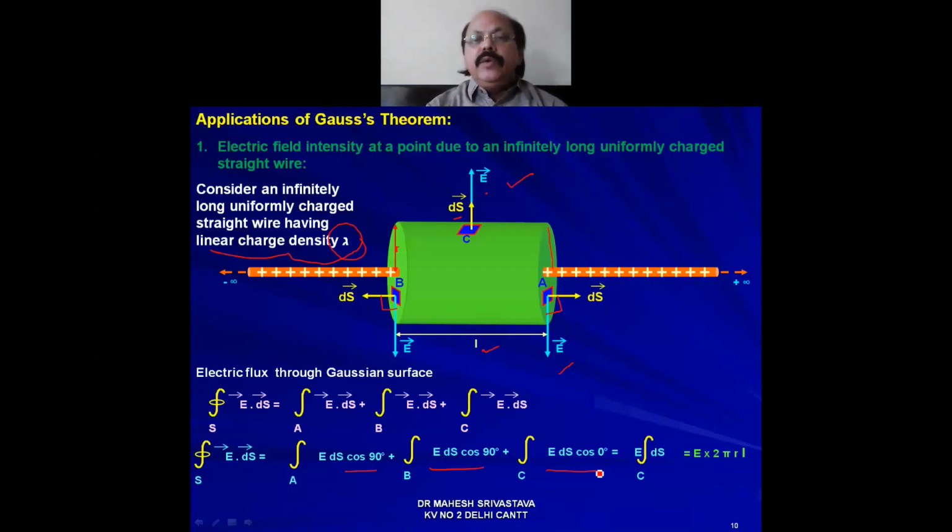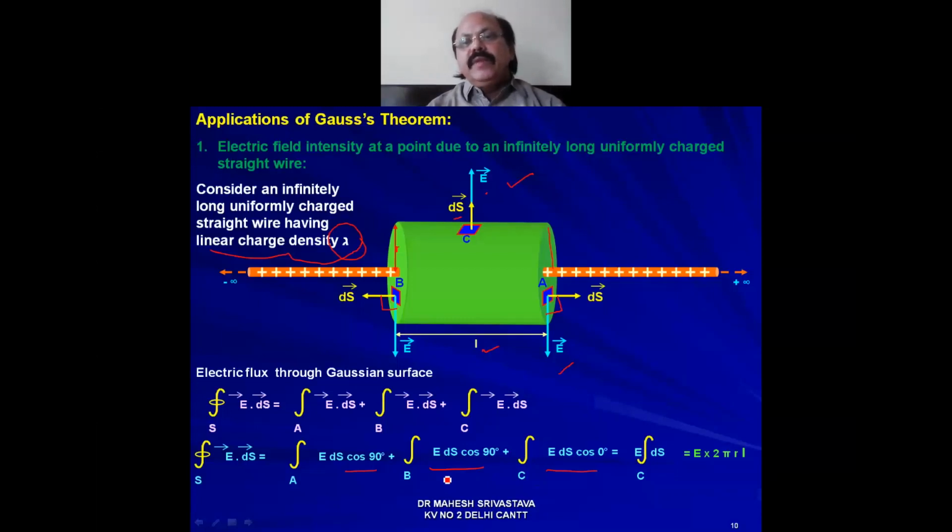Now for the curved surface C, the angle between E vector and ds vector is 0. So plus integral C E ds cos 0. So in case of flat surfaces A and B, the contribution of electric flux is 0. That's why you will get electric flux only due to the curved surface.